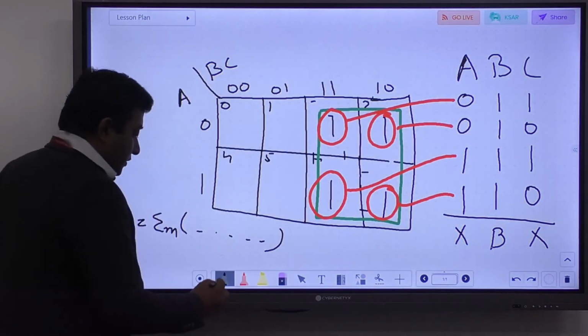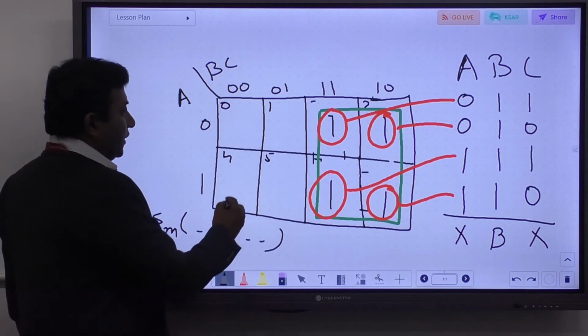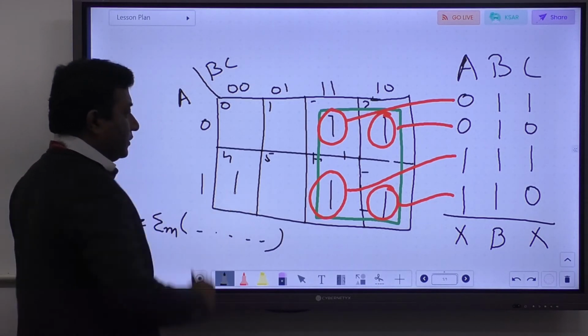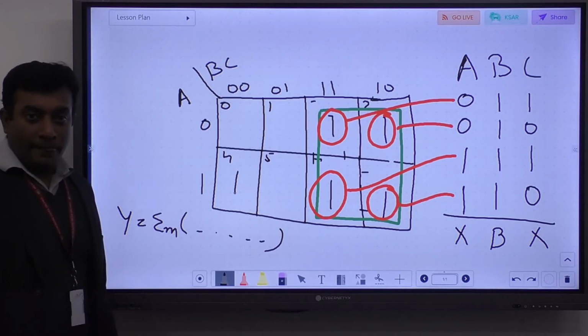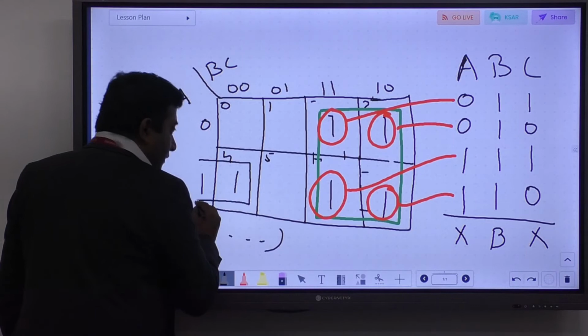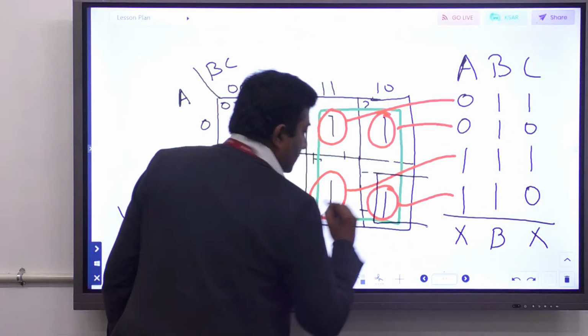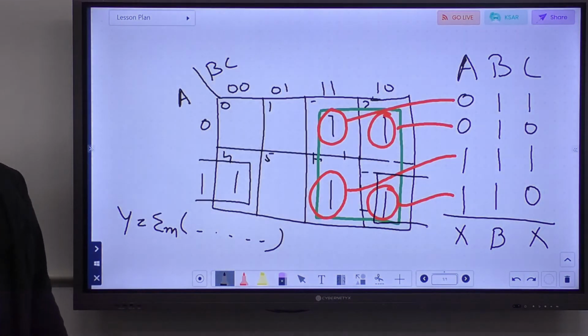Okay? So again, in this scenario, in case if we get 1 over here, what we can do is we can club this one from this. Okay, so this can be done.